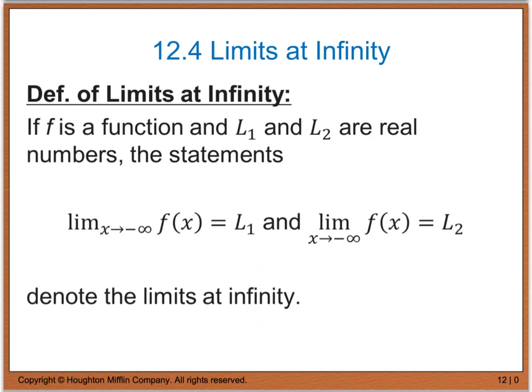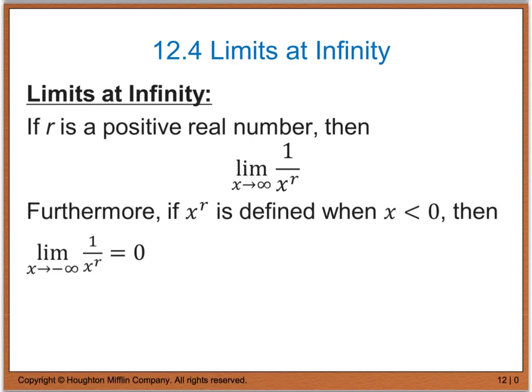Now, your actual book definition says that if f is a function and L sub 1 and L sub 2 are both real numbers, then the statements, the limit as x approaches negative infinity of f of x equals L1, and the limit as x approaches positive infinity of f of x equals L2, both show limits at infinity.